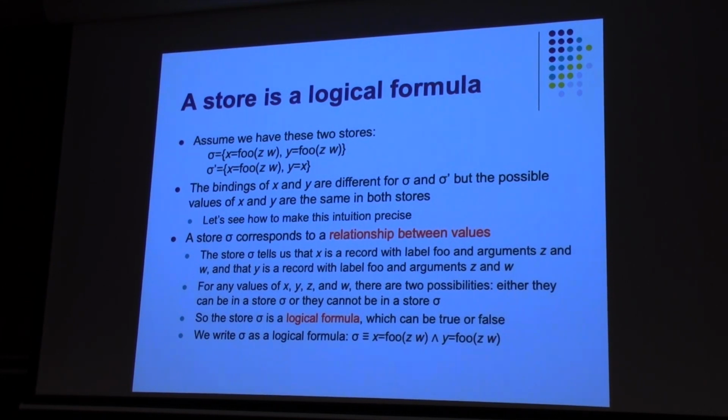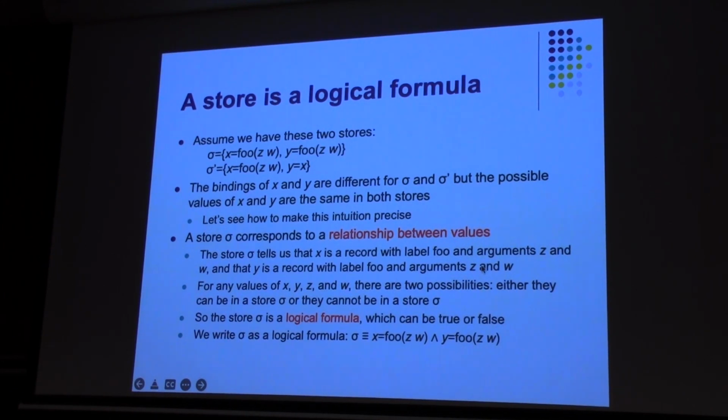Well, one way is the following. Any store sigma somehow corresponds to a relationship, a connection between the values. This sigma is telling us that x is a record with label foo and arguments z and w, and that y is a record with label foo and arguments z and w.